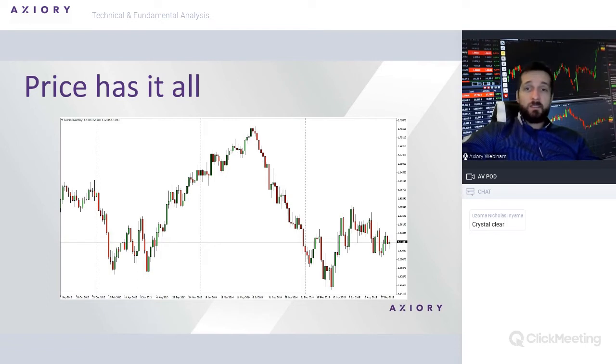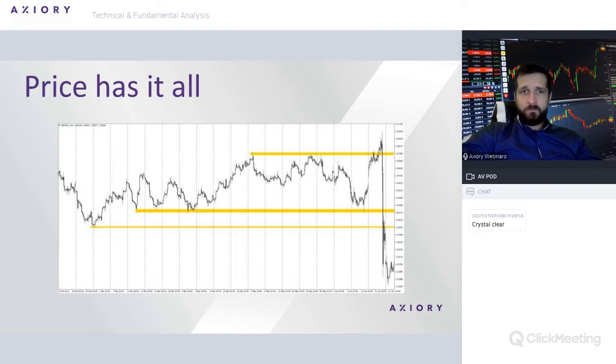Sometimes it's wrong. Sometimes it doesn't work. Like, for example, Brexit referendum. As you can see, this is British pound to American dollar. Ahead of the Brexit referendum, a pound was going higher. Here is the moment of the referendum. By the way, we were expecting that Brits will say no to European Union.